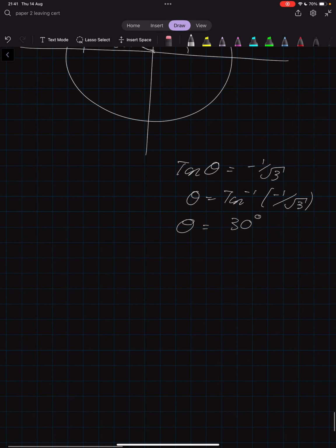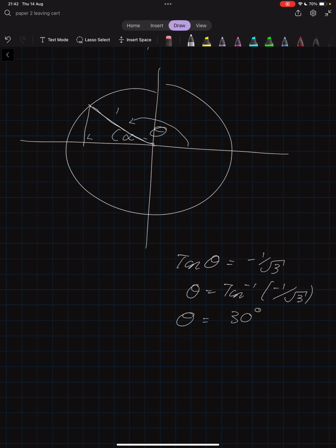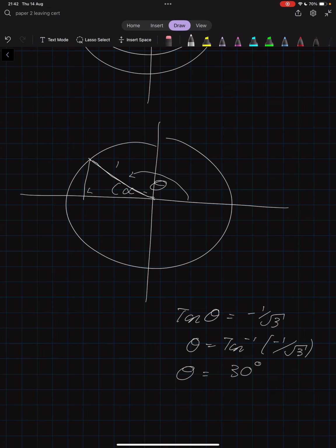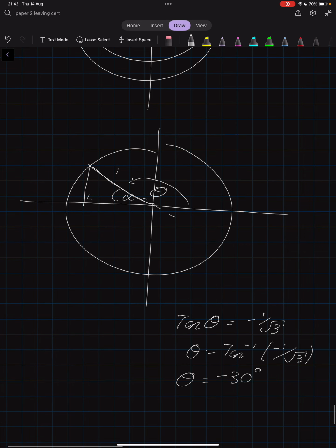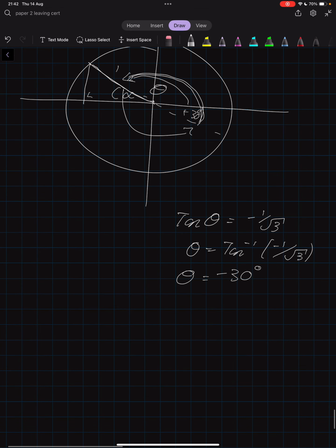Okay? So basically, you're getting 30. Sorry, no, you wouldn't. You get minus... Would you get minus 30? Yeah, I'm pretty sure if you plug that into your calculator, you're going to get a minus 30, which would give you this angle. But you never want that angle. You always want this angle, and then this one. So this is 30, grand. Theta then would have to be 150.